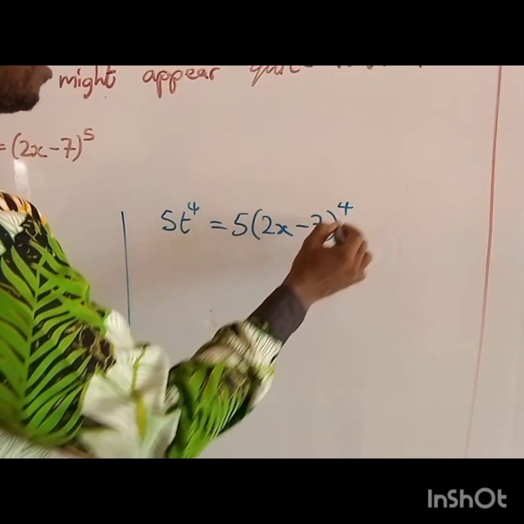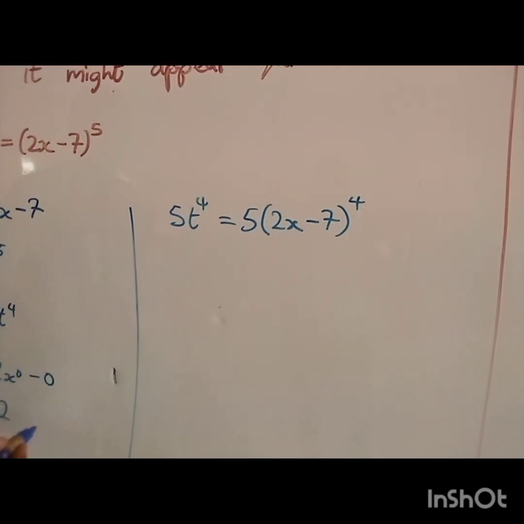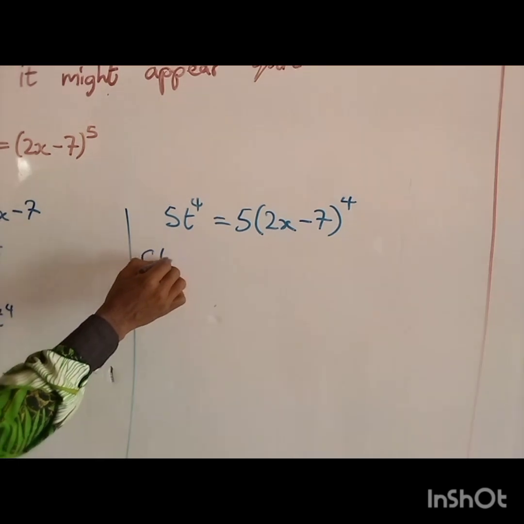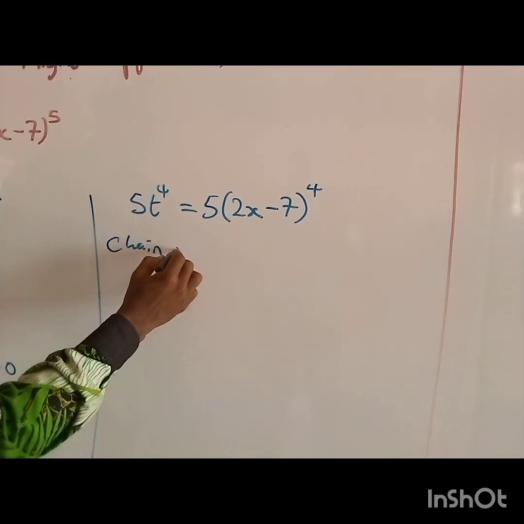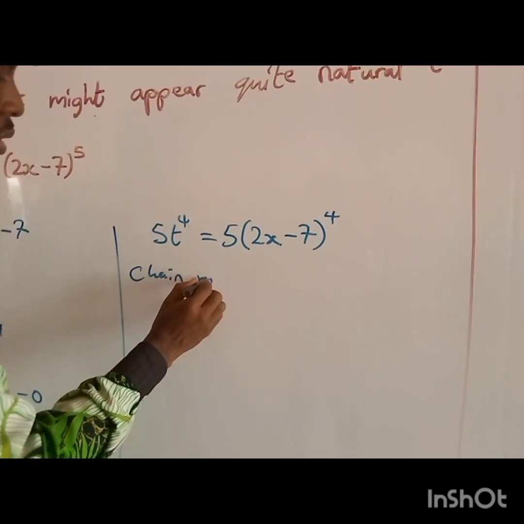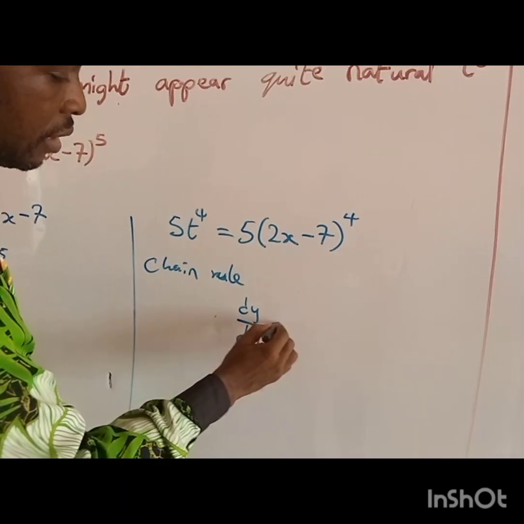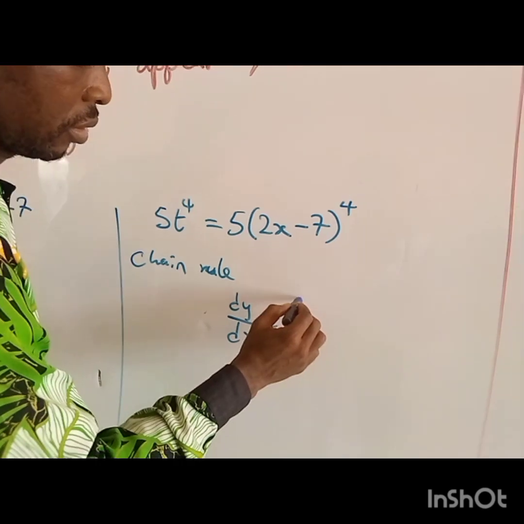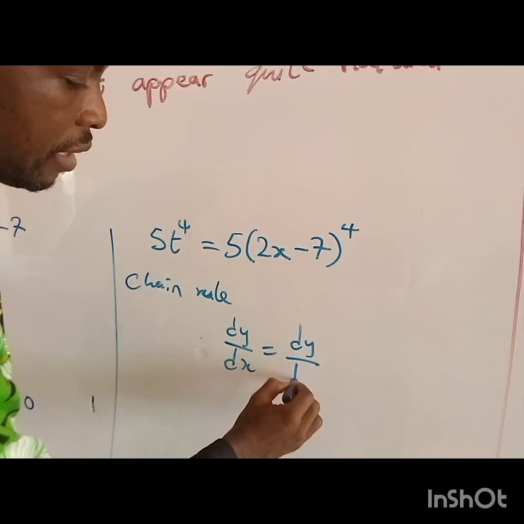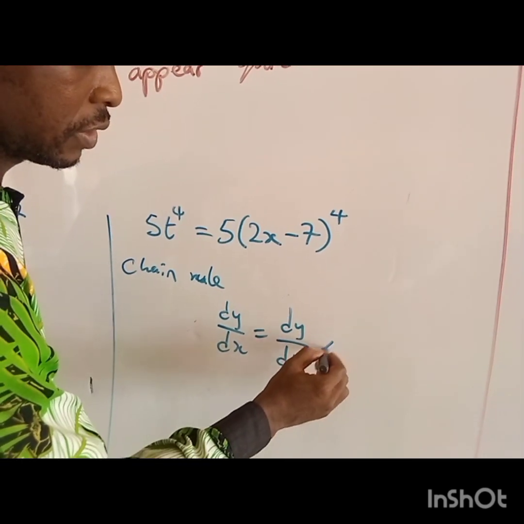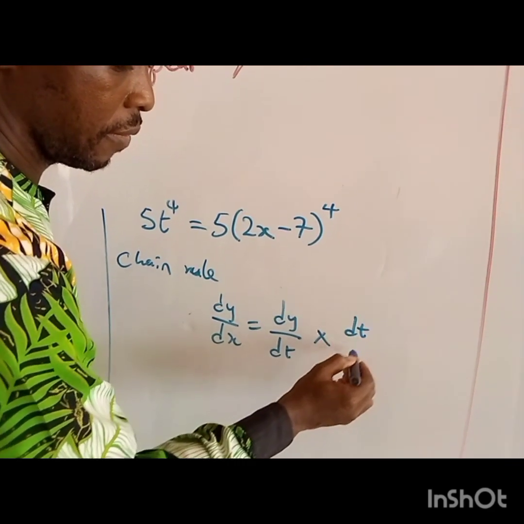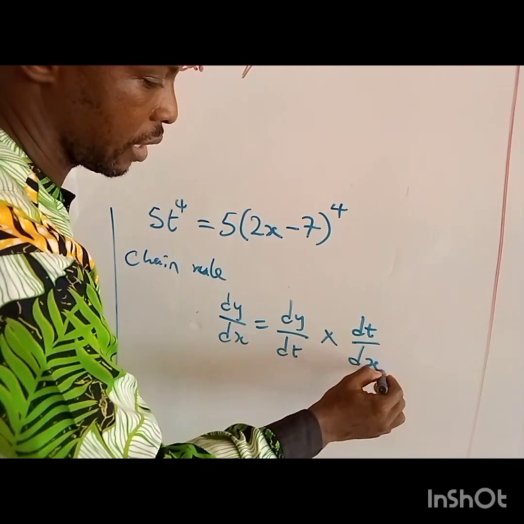Then the chain rule now says dy/dx is equal to dy/dt times dt/dx.